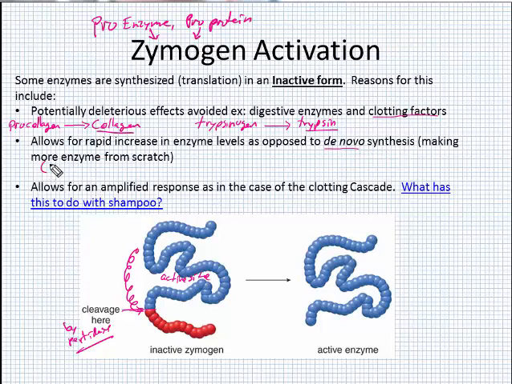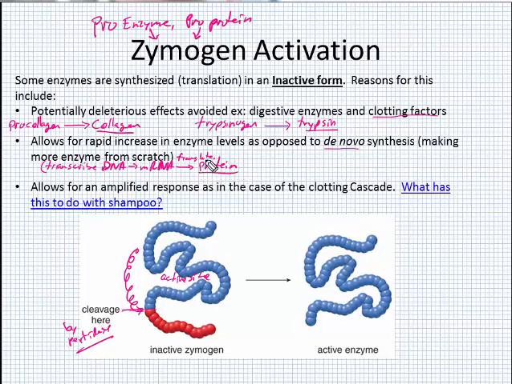Essentially what we're talking about here is, you first have to transcribe the DNA to messenger RNA, and then the messenger RNA needs to be translated into protein, and that takes time.